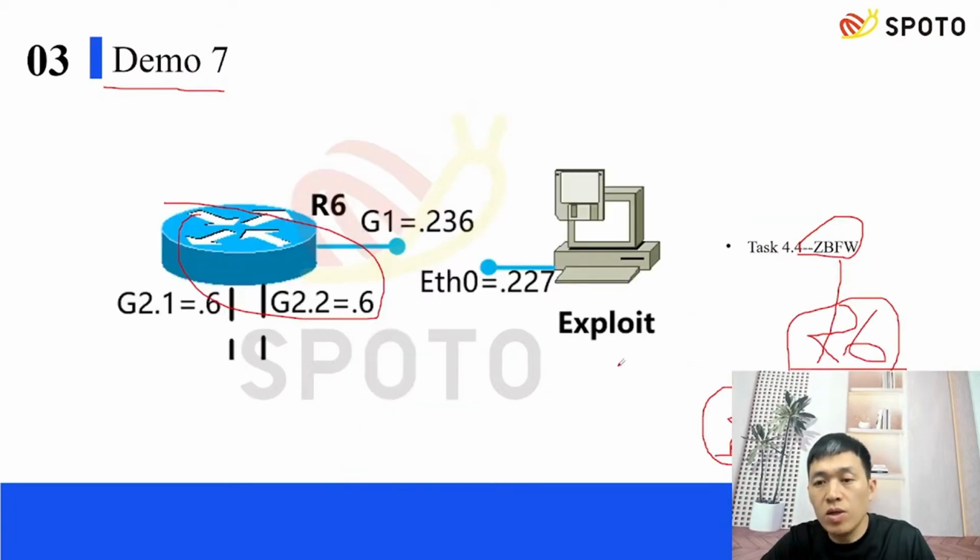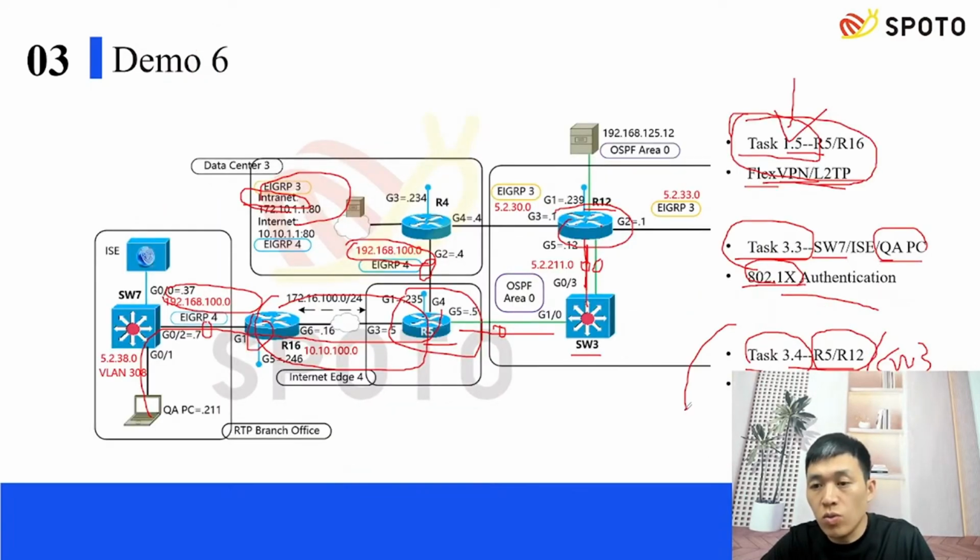And this one also belongs to troubleshooting tasks, because the access list configured on switch 3 is configured wrongly. So you need to find out and correct them. Okay, and finally then you can get this task work.